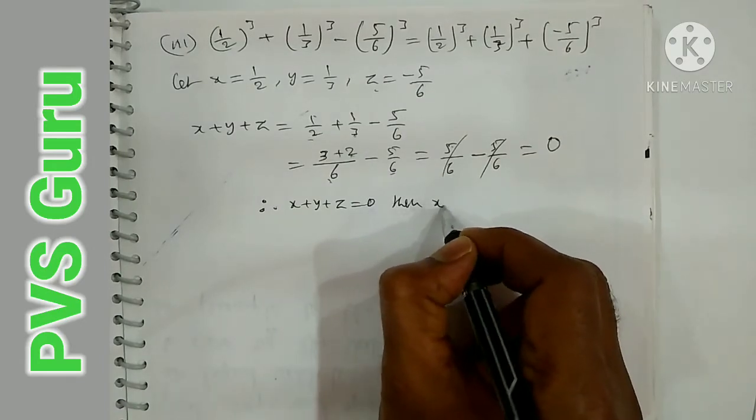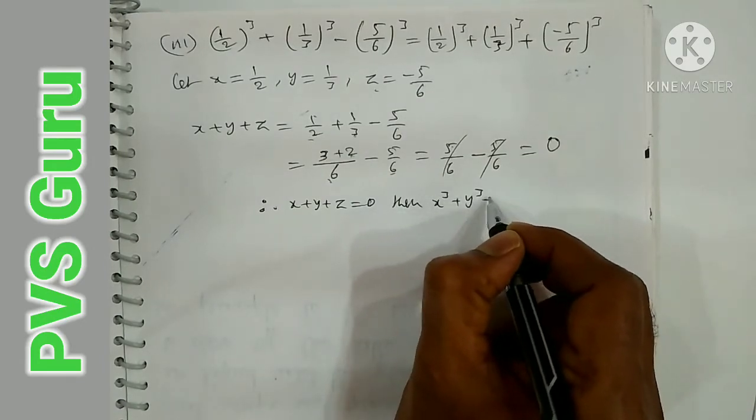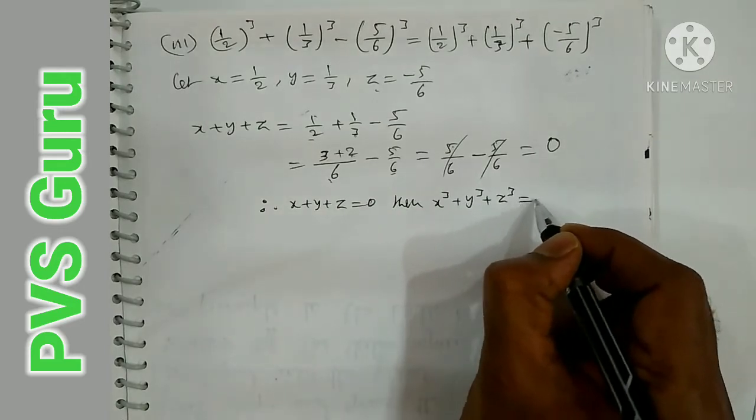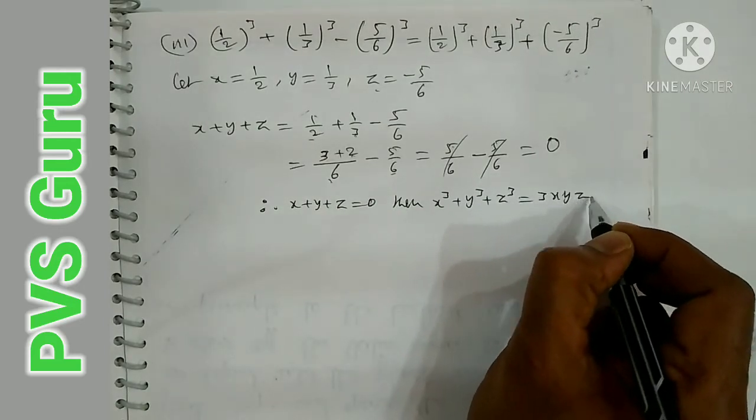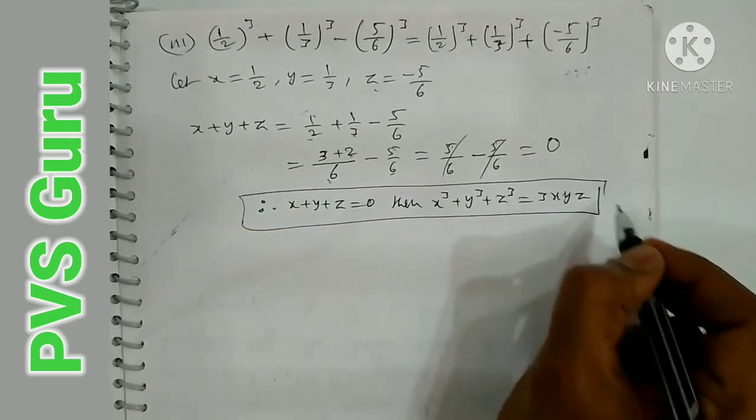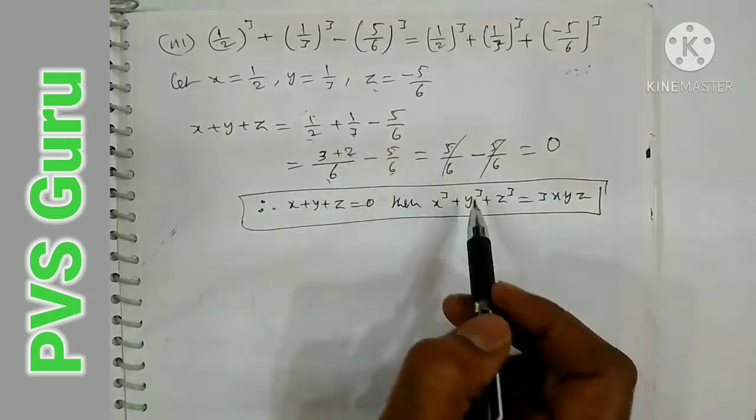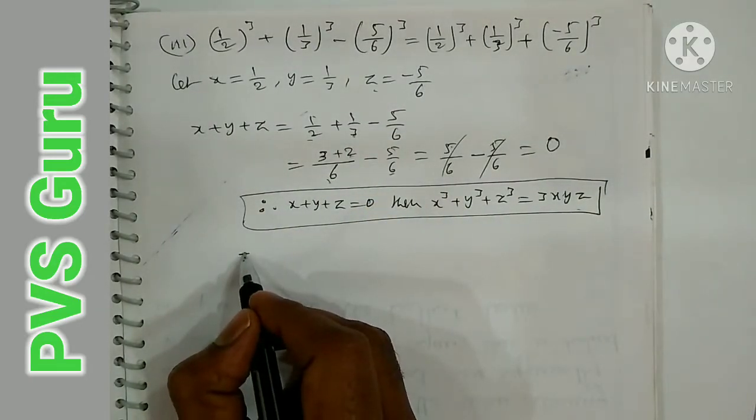Therefore x plus y plus z is equal to 0. Then we have the formula x cube plus y cube plus z cube is equal to 3xyz. Just substitute these values in this formula and you get the answer.